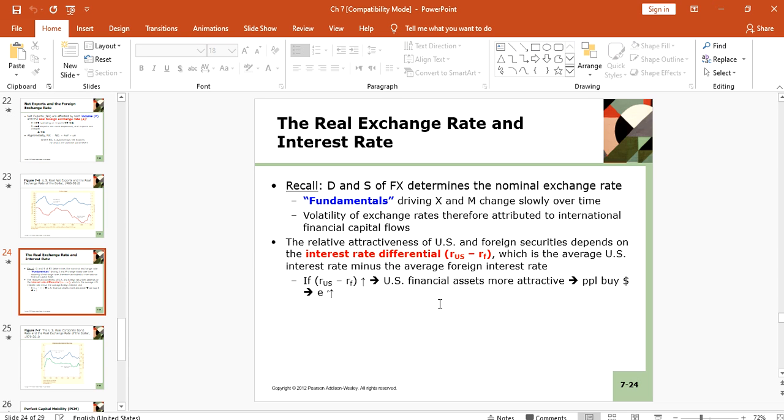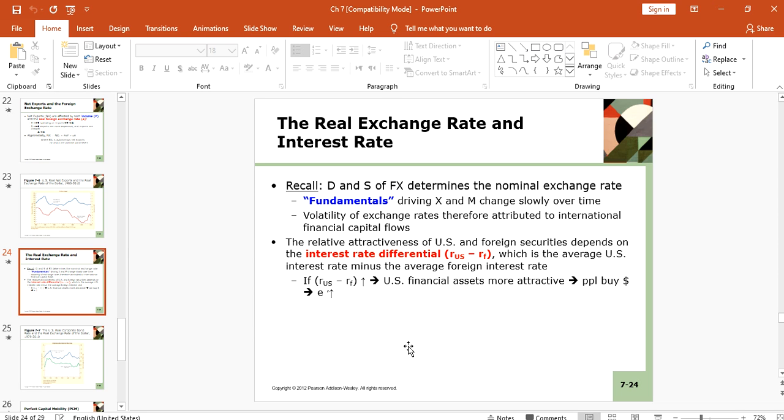If there's a big difference between them, or if the interest rate is greater in the United States, greater by a big difference than the other countries in the world, then the demand for US financial assets will be higher, and this makes the currency or nominal exchange rate of the dollar go up.